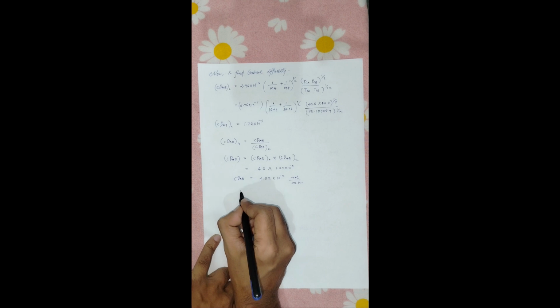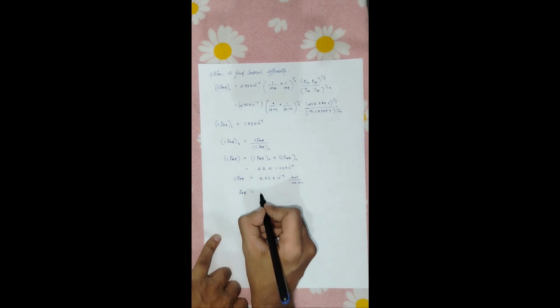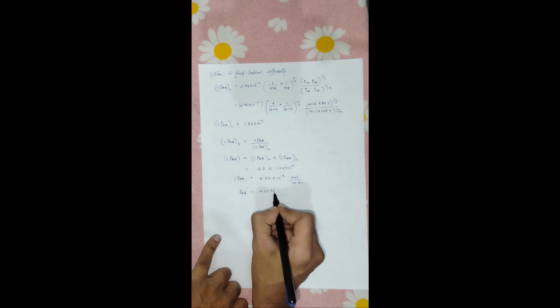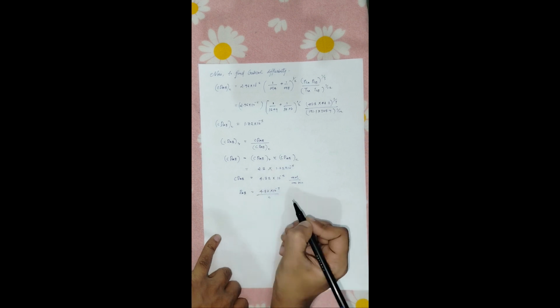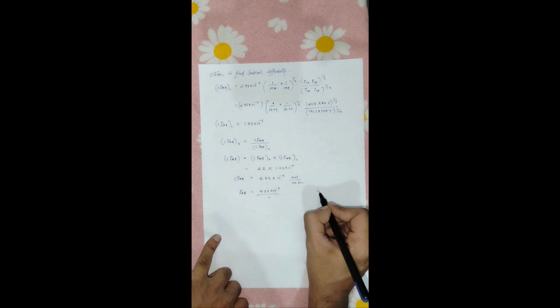But we want only diffusivity. We don't want C, so we'll take C down. Here C stands for P by RT.